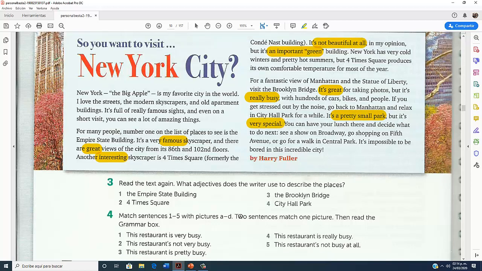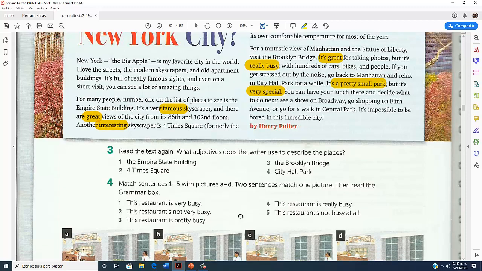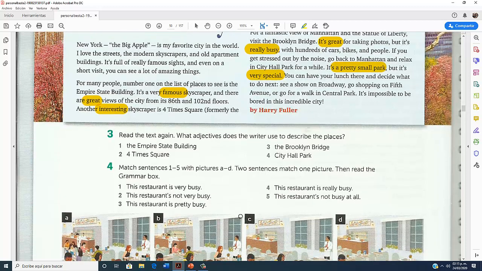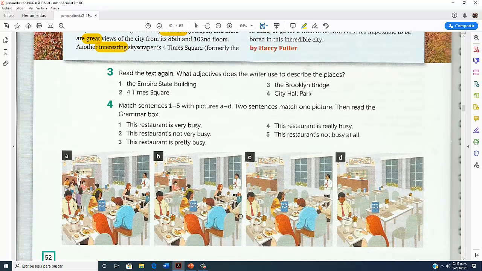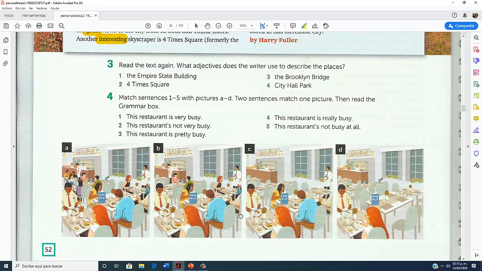Now we need to match sentences 1 to 5 with the pictures A to D. 2 of the sentences match 1 picture. Then read the grammar box. So, here we have 4 pictures, and we need to match them with these words.